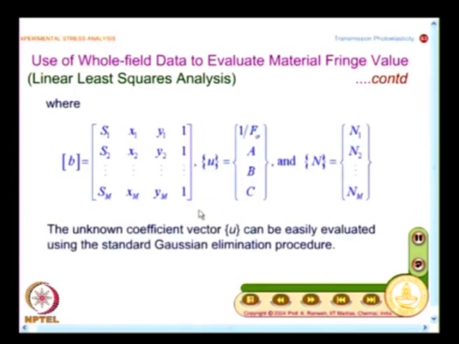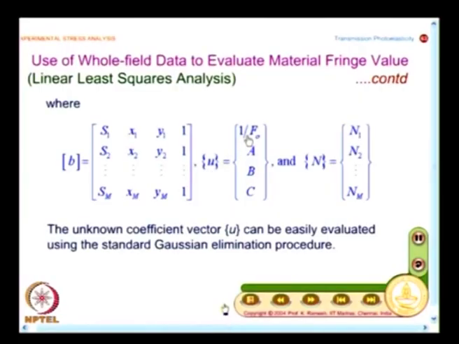Please take down this. B is nothing but S1, X1, Y1 and 1. So, what I am going to do is I will find out experimentally, for the data point X1 comma Y1, N1. Similarly, for X2, Y2 I will find out N2, and we already have an expression for S. So, for each of these data points I need to plug in S1, S2, S3, S4 and Sn.